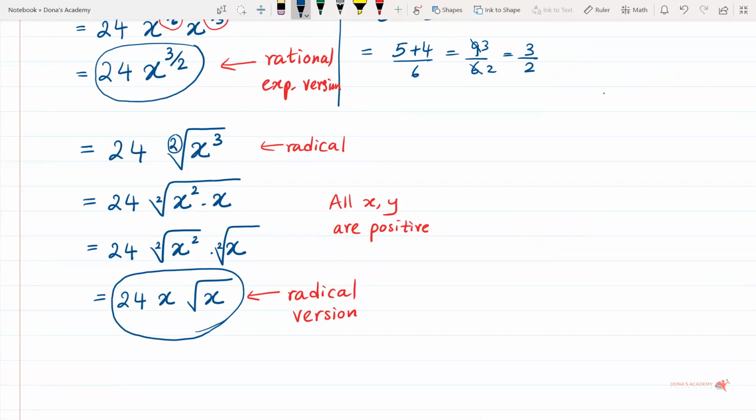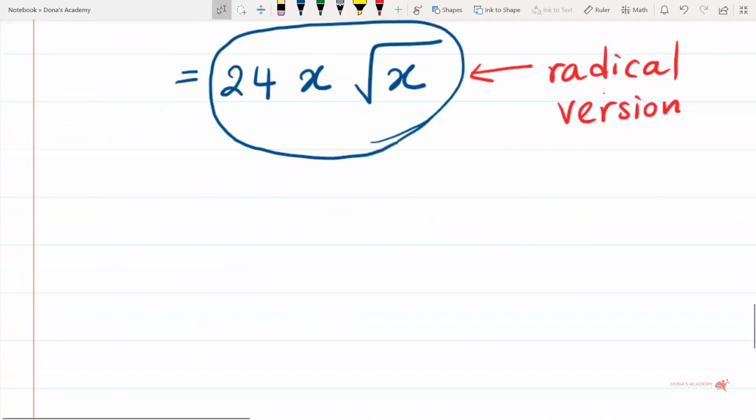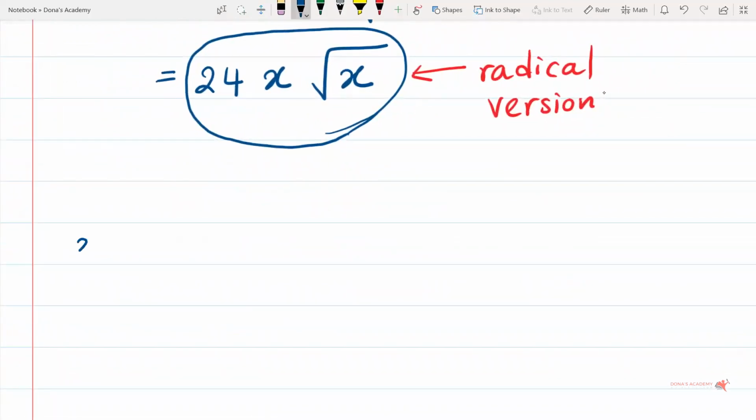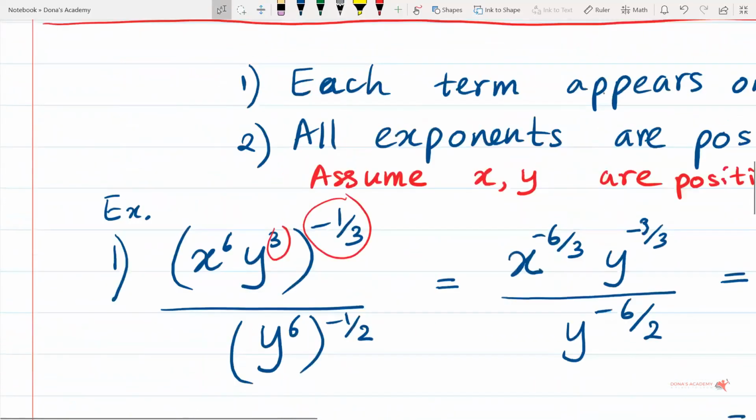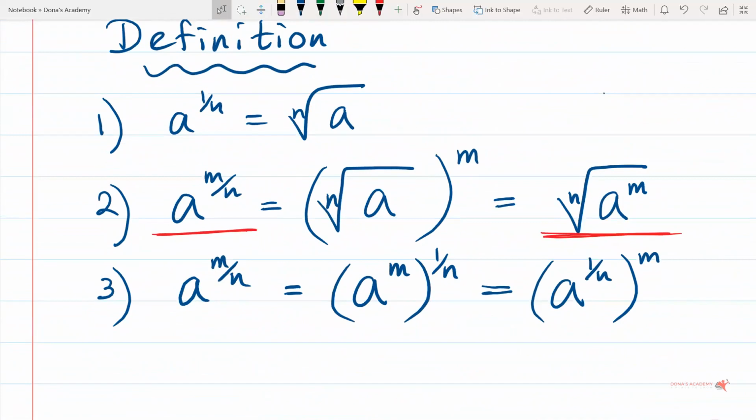Next I have a number. My third example is a number. You have to calculate 125 to the power 2 over 3. Now in this case, we definitely have to use these definitions. Otherwise, we can't calculate it.